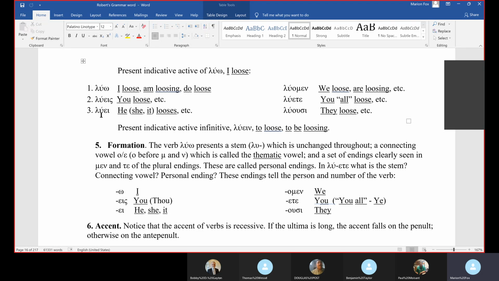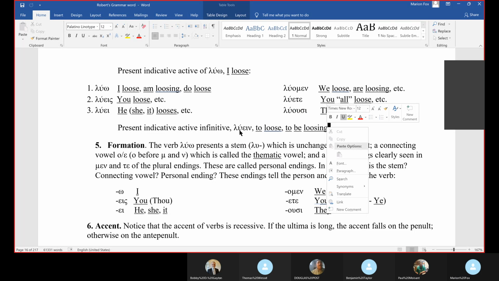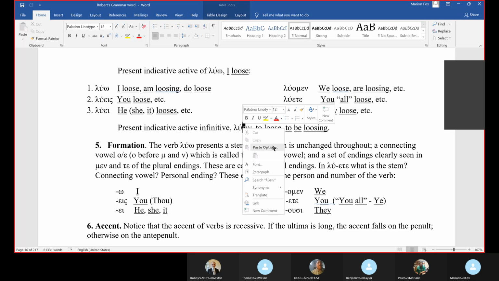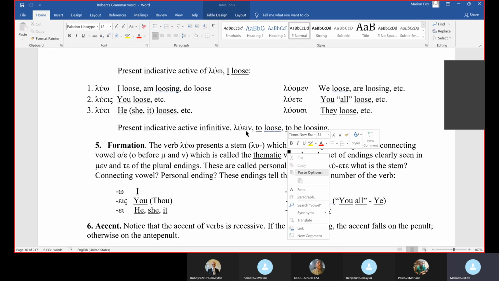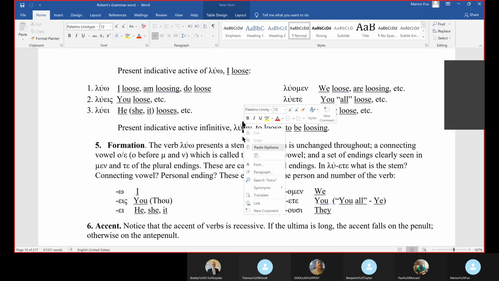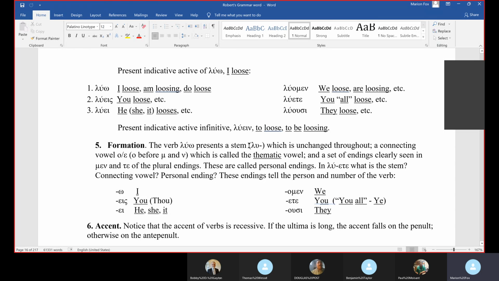Now, along with it, they add the infinitive. The lu and ain. I finally got it to work.